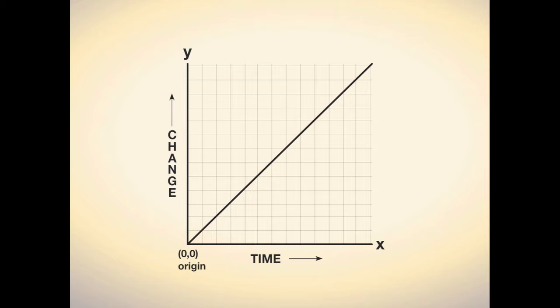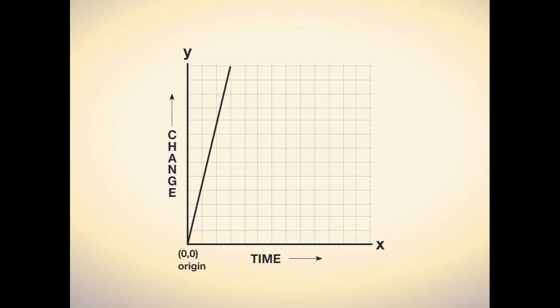Now, it could be a graph like this, in which case we're having less change per unit of time, but it's still a straight line, so there's still no change in the rate of change. It's going just as fast on the right-hand side of the graph as it is on the left.